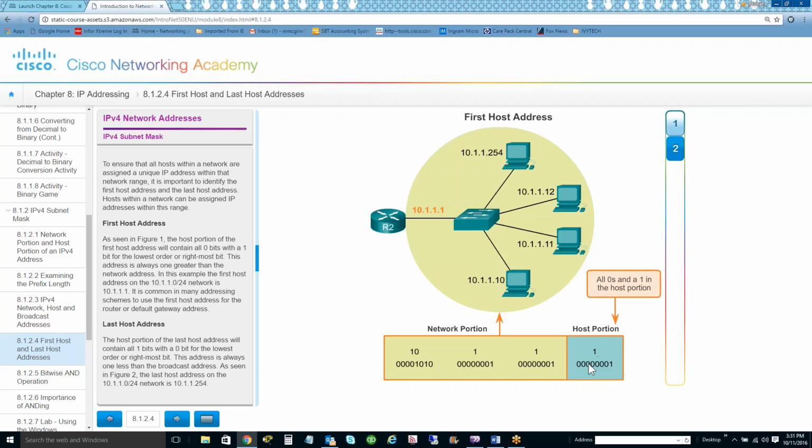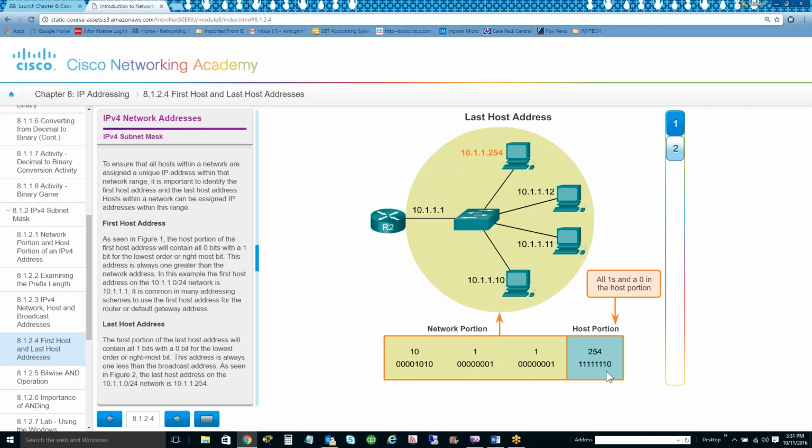That is the first in your network. The last host address is going to be where everything is 1s except for the last binary position. Because if the last binary position was a 1, it would be 255, and as I previously explained, a 255 is a broadcast address. So obviously a broadcast address isn't a host address.